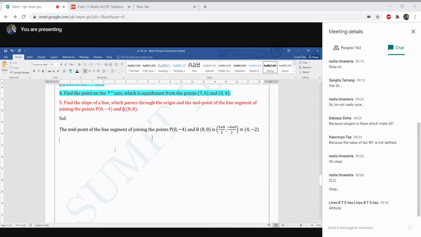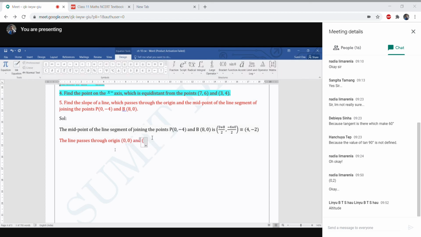Therefore, the line passes through origin (0, 0) and (4, -2).